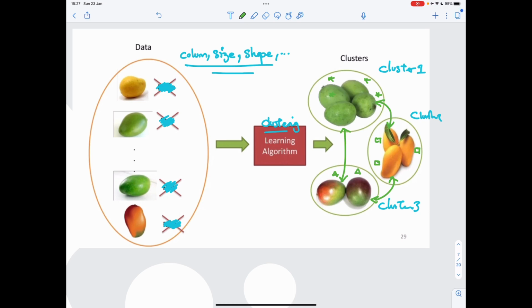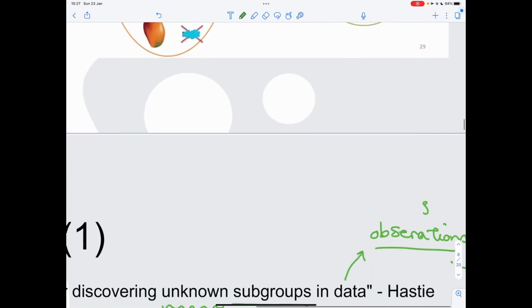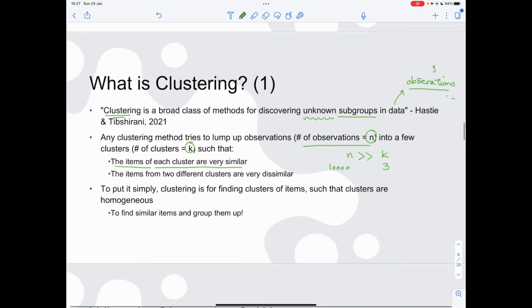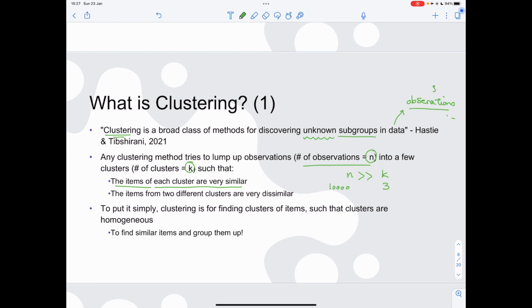This is the ideal way that we want our clusters to be. So we are relying on clustering methods to find such clusters for us. And these 2 conditions must be met as far as it is possible. To put it simply, clustering is for finding the clusters of items such that clusters are homogeneous.